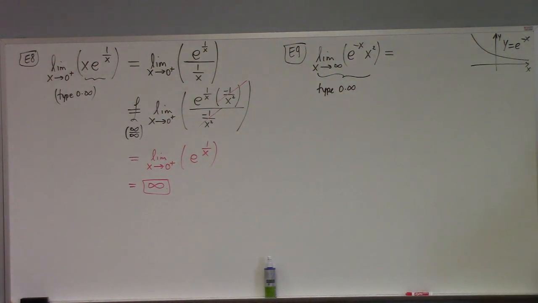So you've got two choices. You can either move the exponential to the denominator, or you can move the x squared to the denominator. I strongly suggest leaving x squared right where it is, because I would much rather differentiate x squared than differentiate 1 over x squared.